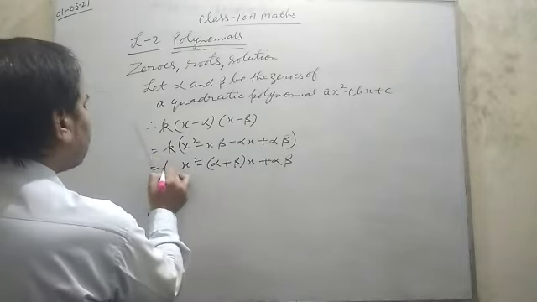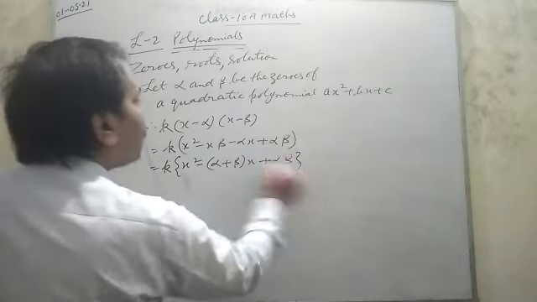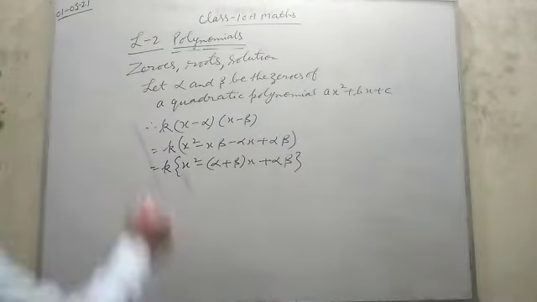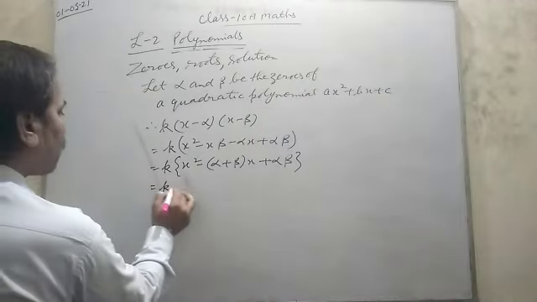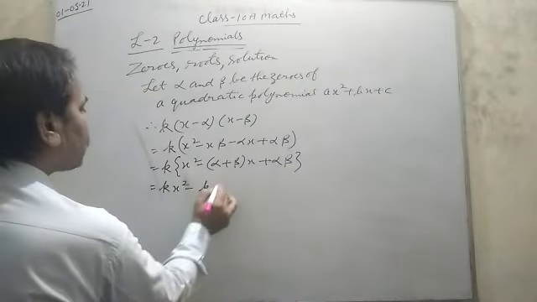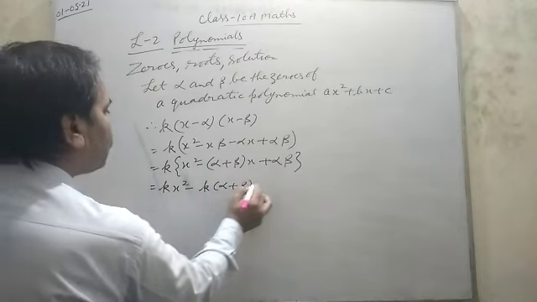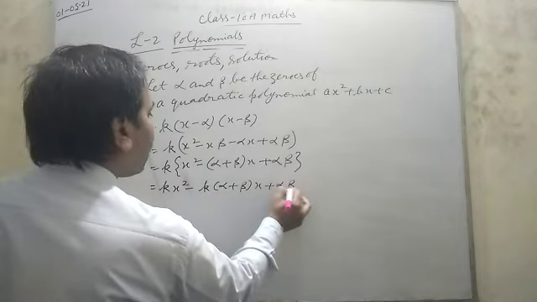Here also write k. Then you compare both and multiply by k. So we get k x square minus k alpha plus beta into x plus alpha beta.